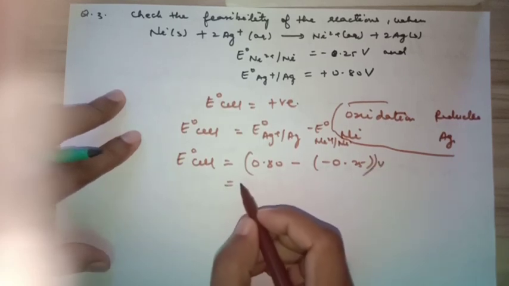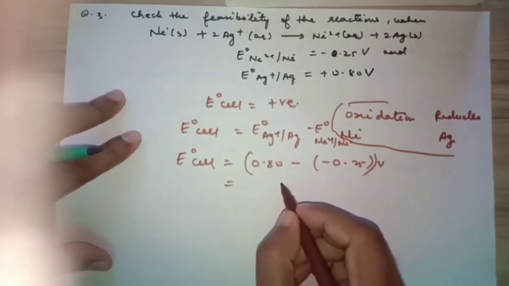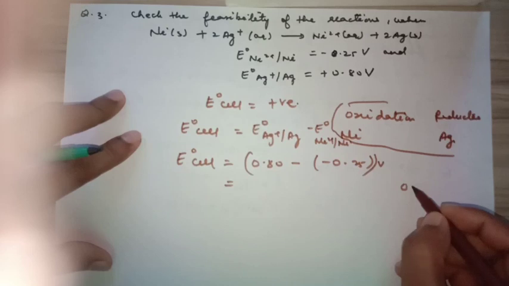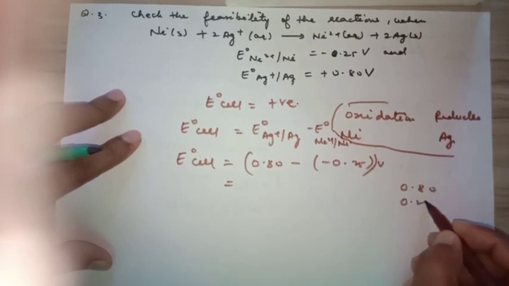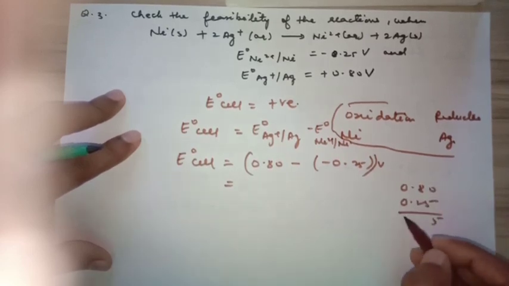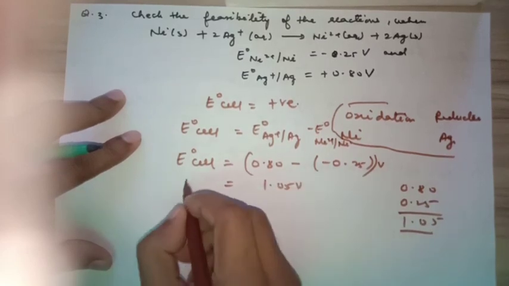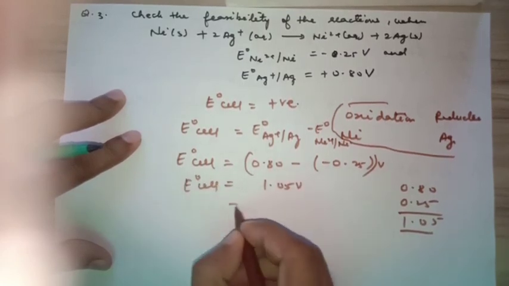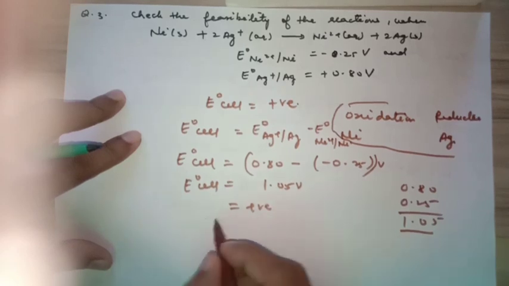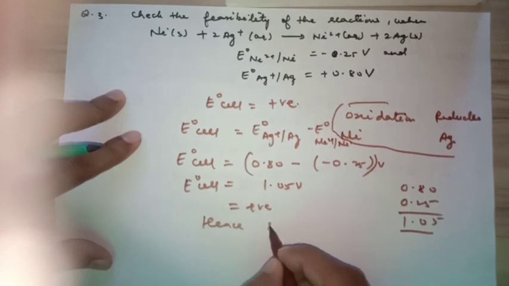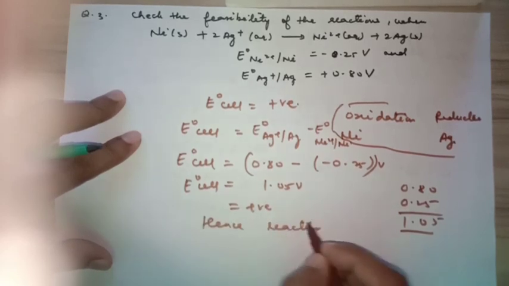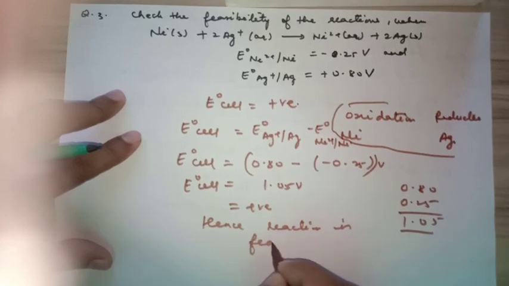So we'll get 0.80 plus 0.25, this will be 1.05 volt, which is positive. Since it is positive, hence the reaction is feasible, that is possible. Thank you.